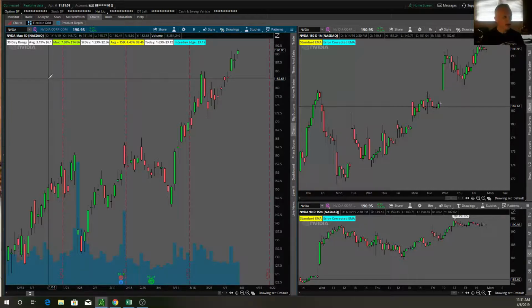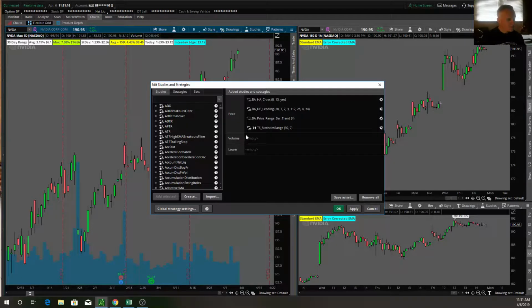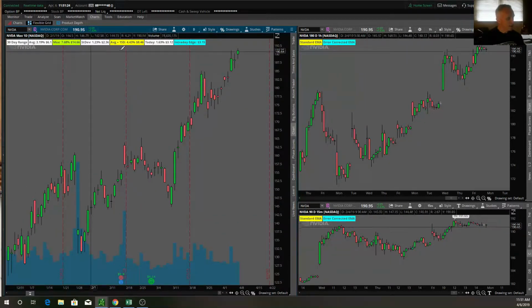And after 35-plus years of doing this, this is one of the ways I carve out, identify opportunity, and trade it. All right, so first thing I want to do, we've already got it up here, but we want to load up the TS statistical range that I sent you guys, and that's showing right there.